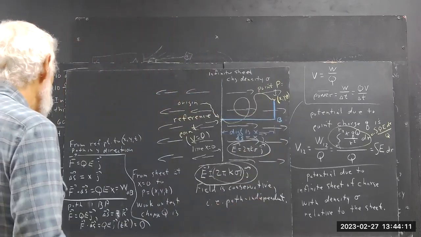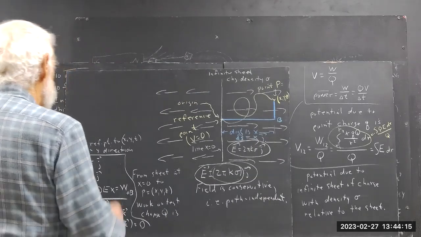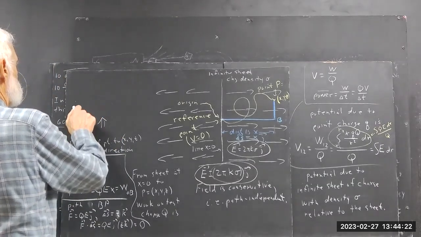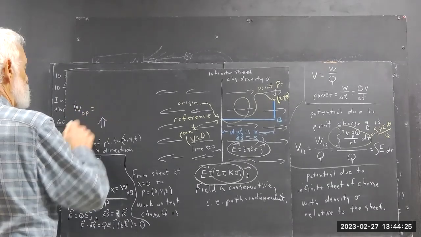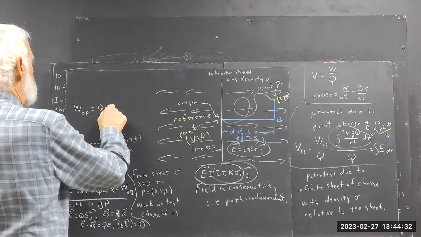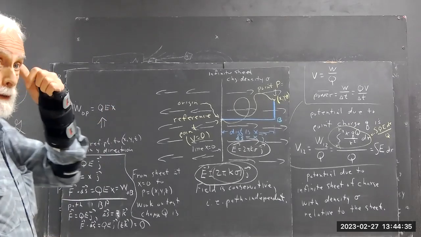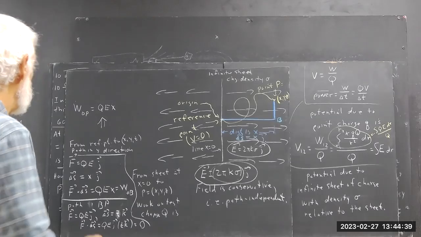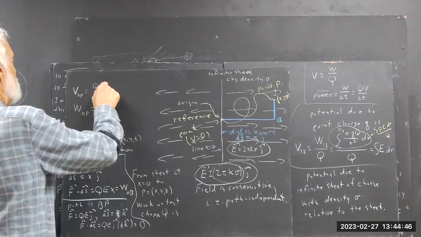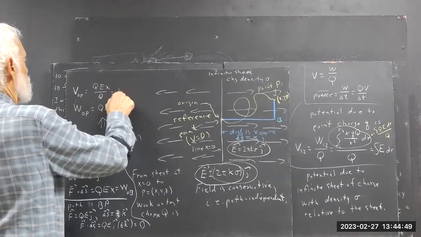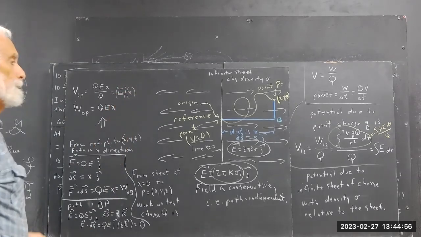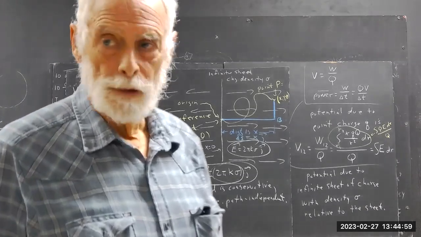So the work from 0 to P equals 2E times X. And V from 0 to P is 2EX over 2, which is just E times X. All right, well, that's relevant.